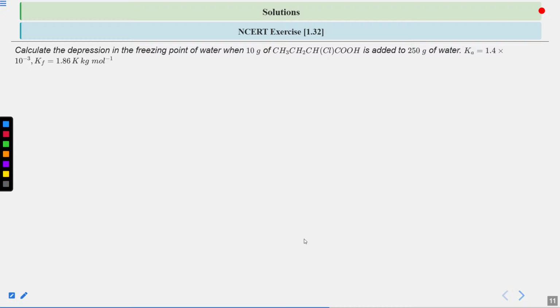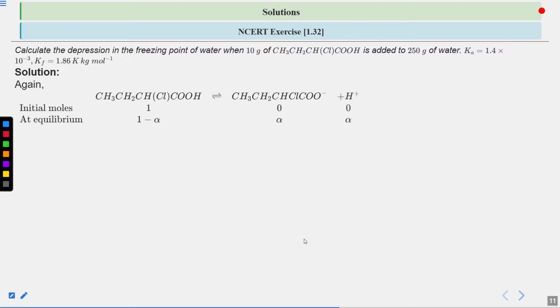Now we have the Ka value and the alpha value also. Then again for the dissociation, I am doing the derivation, or you can use the formula that I told you earlier, which is alpha equals i minus 1 by n minus 1, or you can do the whole process as done here.